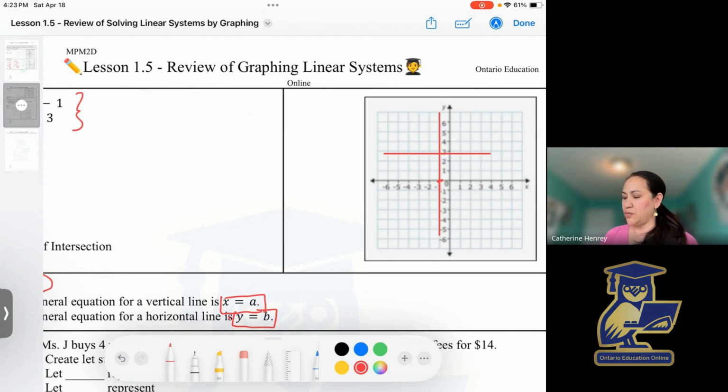And we can see that the point of intersection here just corresponds to the values of each of those lines.